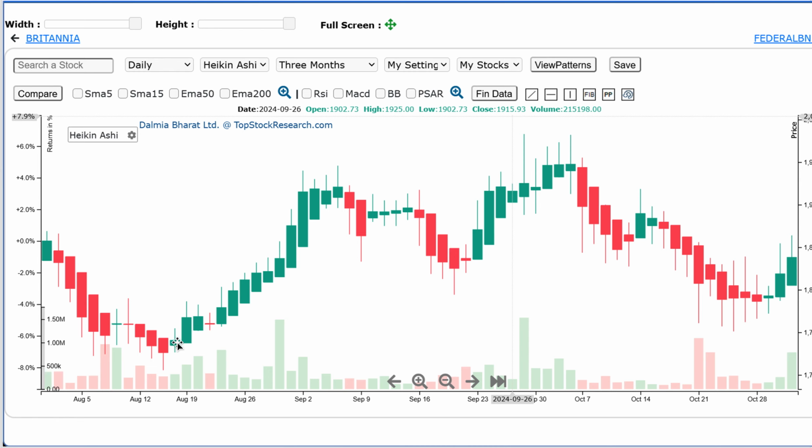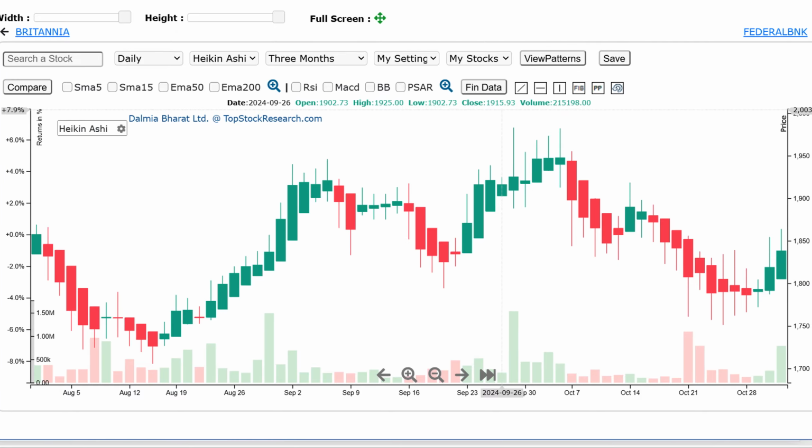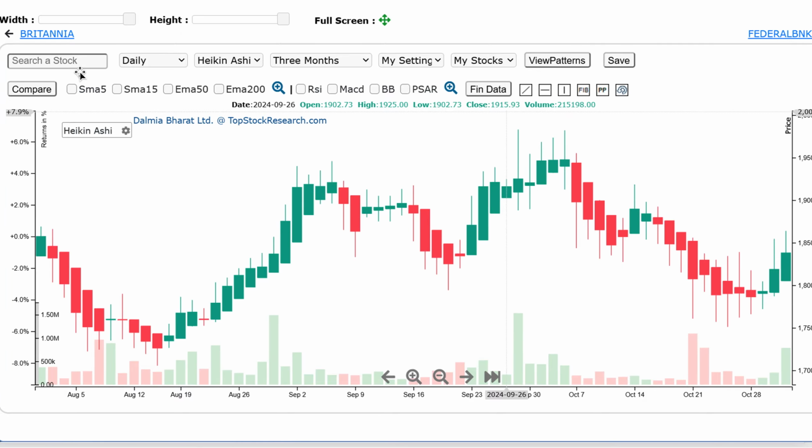This is the first candle which closed almost at the earlier candle's high, clearly showing there is strength in the market, and then boom, around the 1700s it moved up to, let me move this to this side, yes, from the 1700s it went almost up to the 1900s. Wow, that's almost 10% more. So this is how it is.